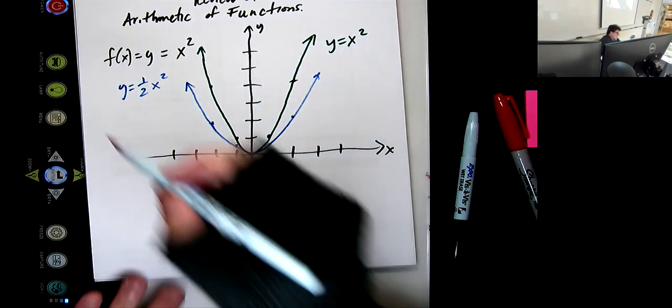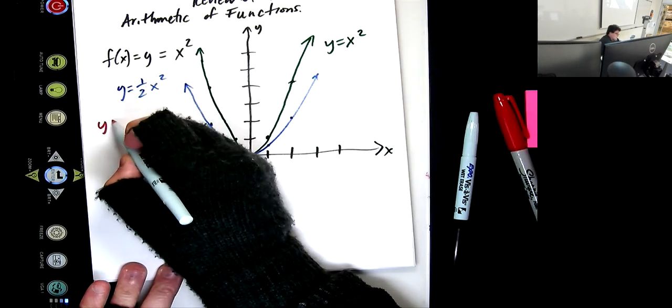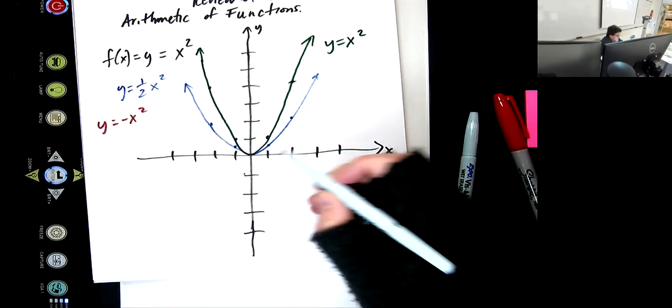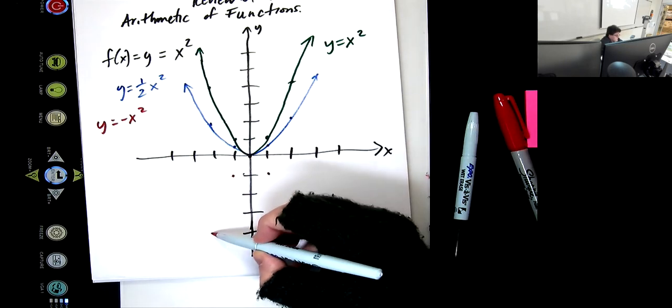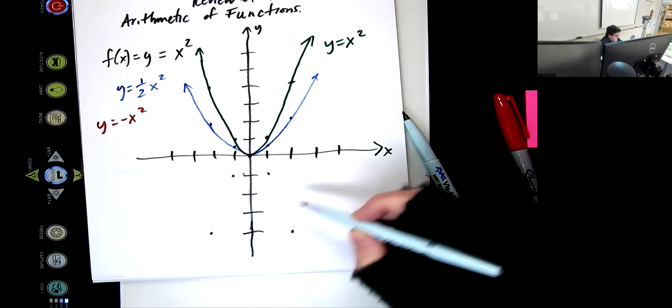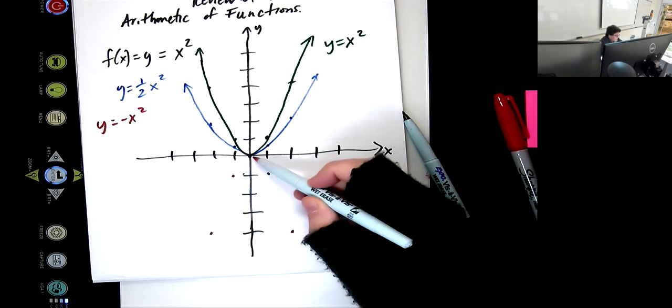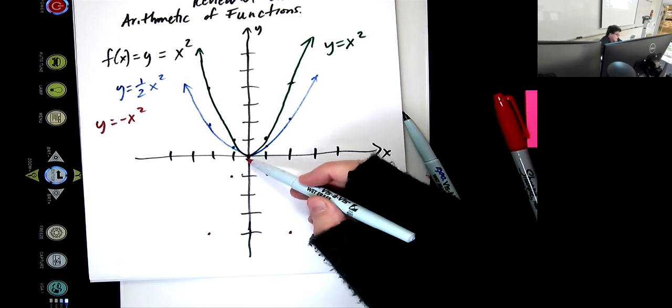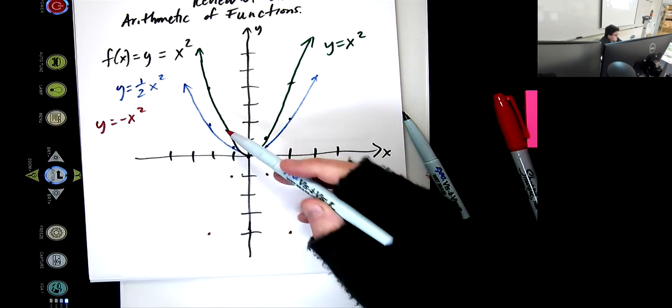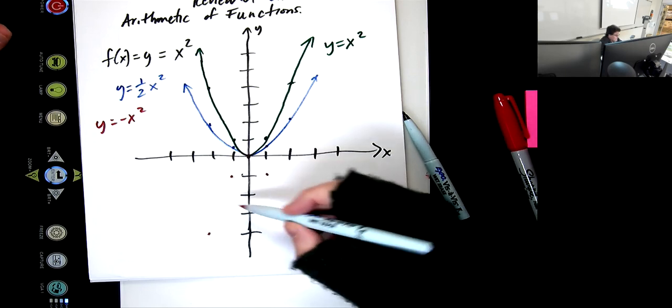And if we make it a negative x squared, what it does is it flips the graph upside down. But you still do the 1, 1, over 1, up 1, and then you flip it over the x-axis. Over 2, up 4, flip it over the x-axis means down 4.